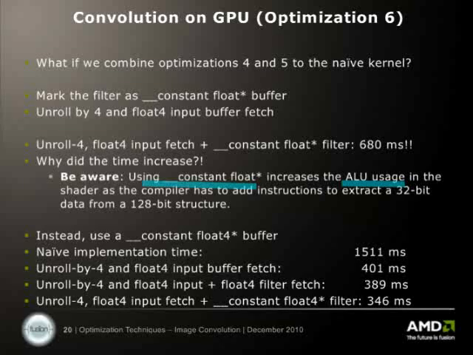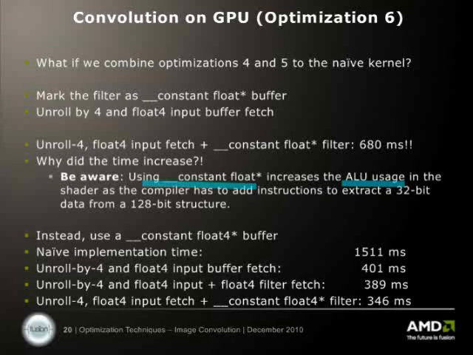Why? Because when we did constant float, it increases the ALU usage. Now, here's a key point. Till now, ALU was not the bottleneck. Till now, memory access was the bottleneck, right? We were doing a lot of redundant memory accesses, and they were killing us.